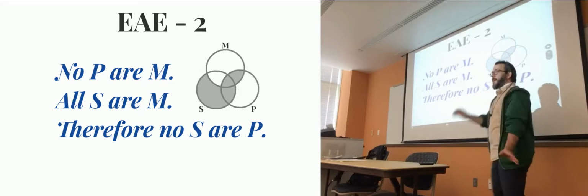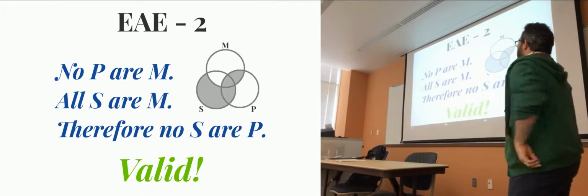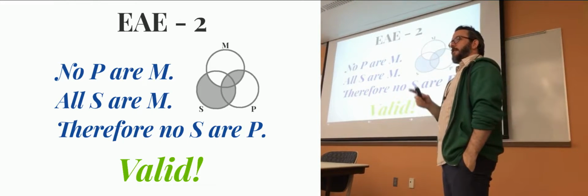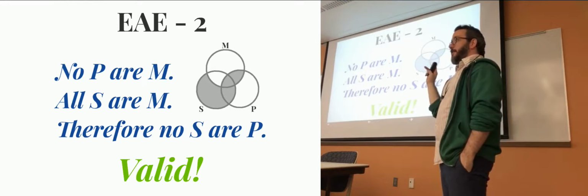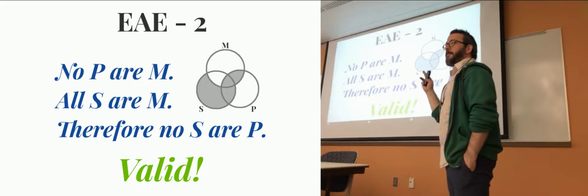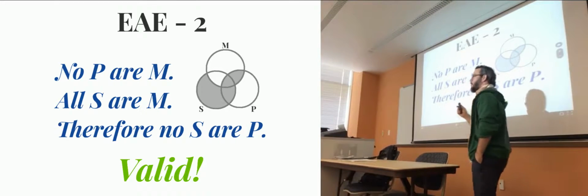Boom, it's already shaded. That means this argument is valid. It is totally valid, and if you wanted to look up EAE-2 on the chart, fingers crossed. Is it there? It is. If you trust the people who say so, then EAE-2 should be valid. You can check your work with that chart if you need to.